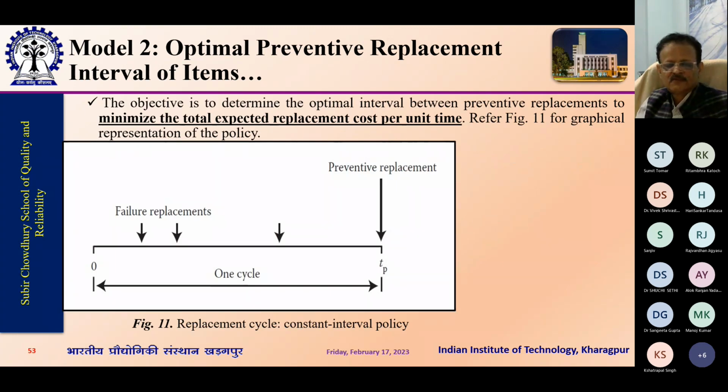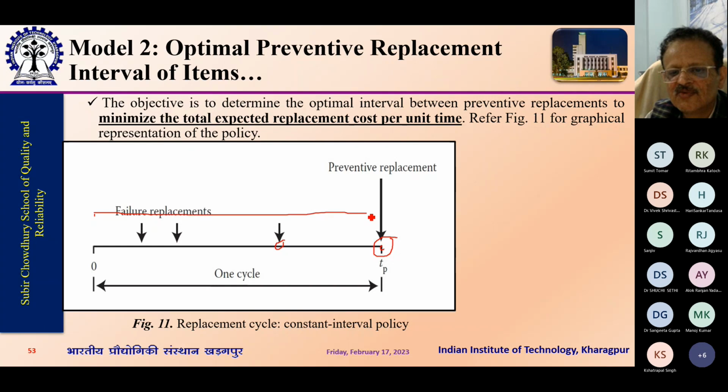Since you are replacing it at each TP, irrespective of item age, it has been replaced here. It might have had more age, might go beyond that, but no, the time has reached, we have to replace it. So here comes the problem of finding out the expected number of failures in this interval. And we want the expected number of failures to be as minimum as possible.